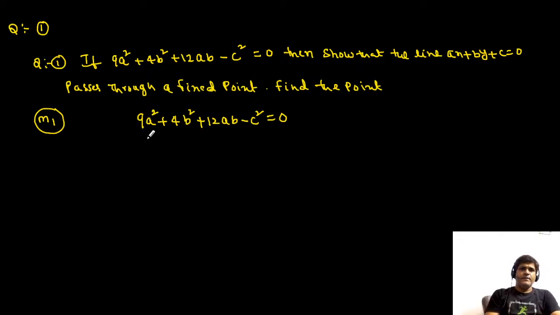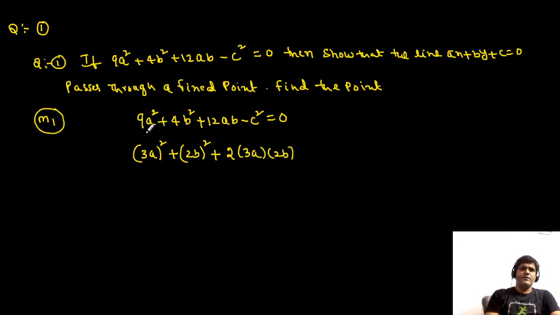You can write this 9a² as (3a)², plus this 4b² can be written as (2b)², plus this 12ab can be written as 2 times 3a into 2b. See, 2 3s are 6, 6 2s are 12ab.